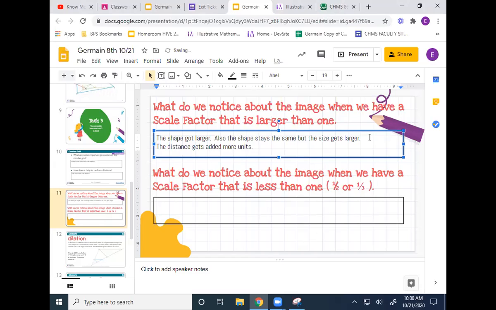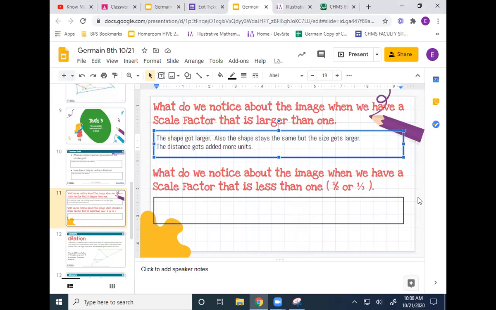I love it. So now let's try Destiny. Can you unmute and tell me what happens, or you can throw it in the chat. What do we notice when we have a scale factor that's less than 1? I put some examples.